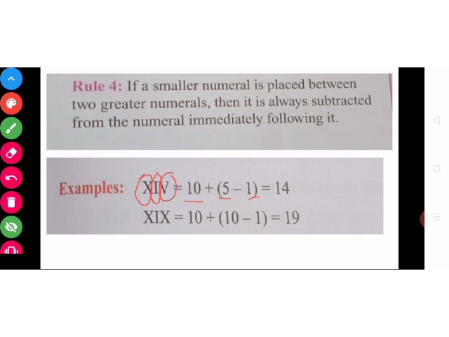So you want to do that subtraction immediately. 5 minus 1 is equal to 4. Next you want to add 10 plus 4. Your answer is 14. And then this symbol represents 10 and then this symbol represents 1. This symbol represents 10. So 10 minus 1 is 9. So 10 plus 9 is 19.